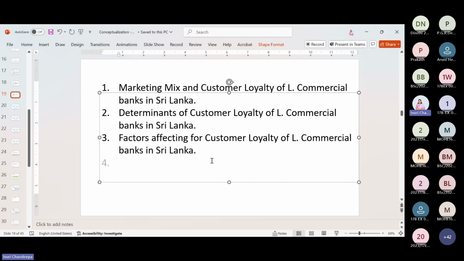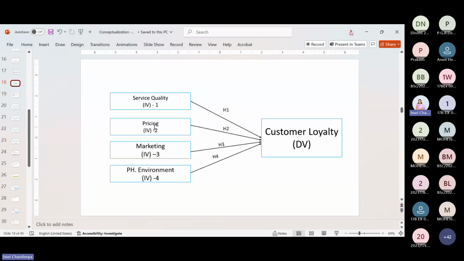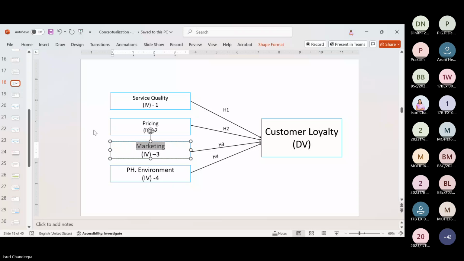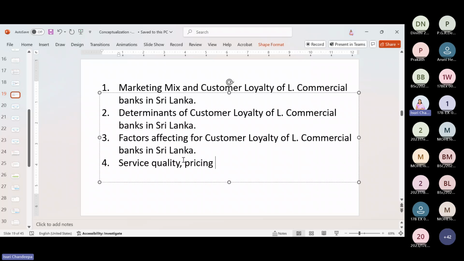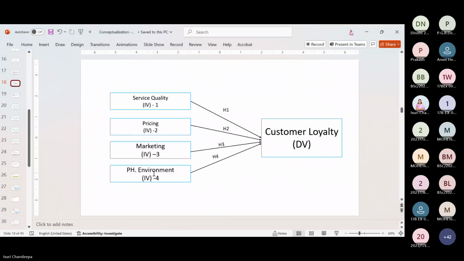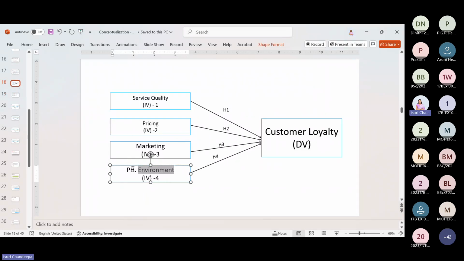Fourth one, the service quality. Service quality, what is the other one? Pricing, marketing. Service quality, pricing, marketing, and physical environment.